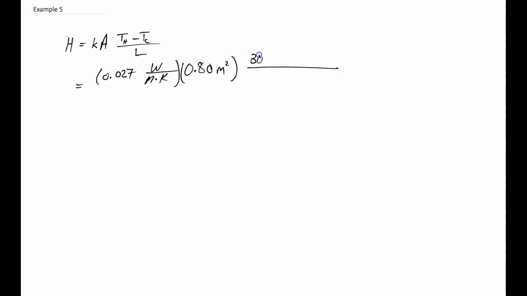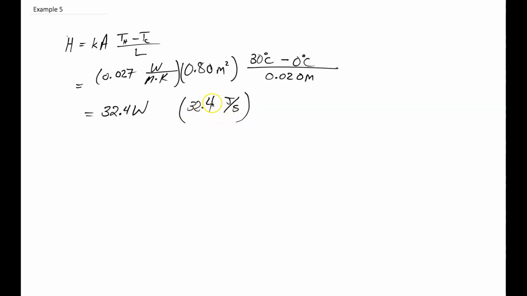There's a high temperature of 30 degrees Celsius minus 0 degrees Celsius over the length of the conducting wall, which is 0.02 meters, and that will give us about 32.4 watts, which is the same as 32.4 joule per second.